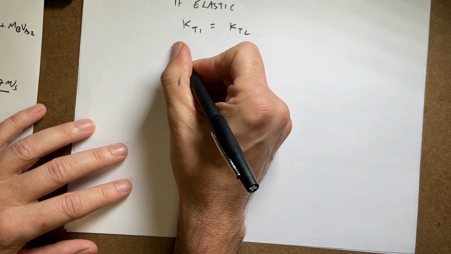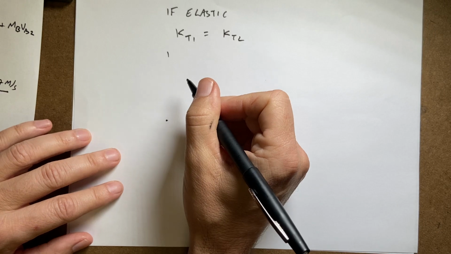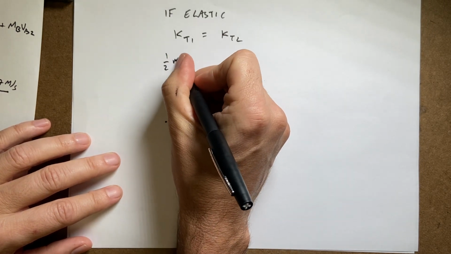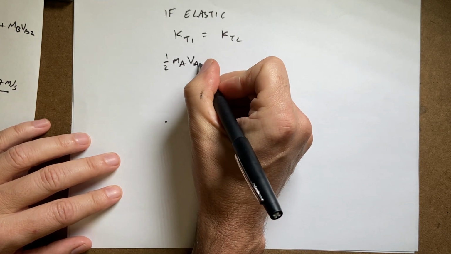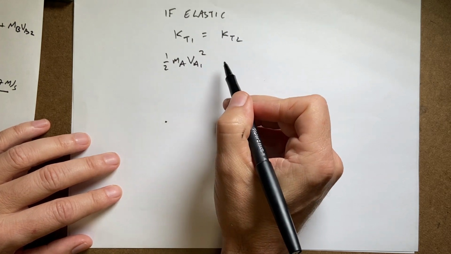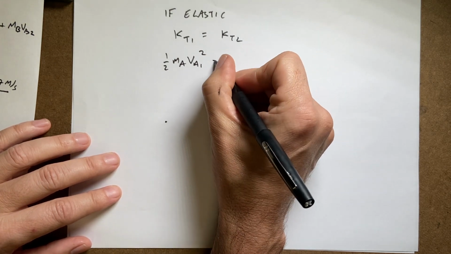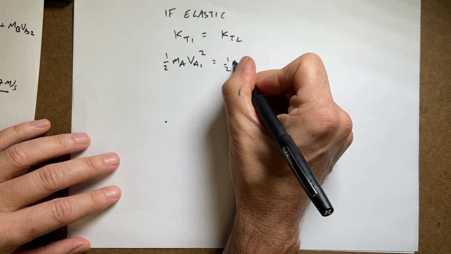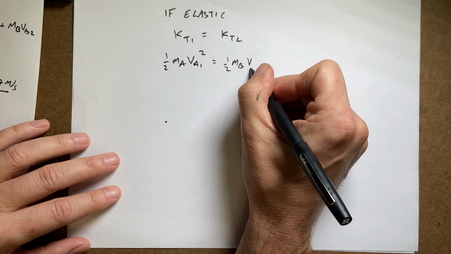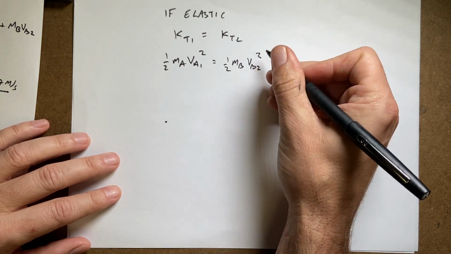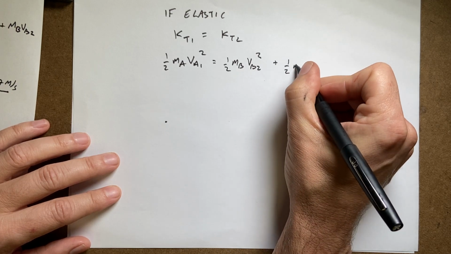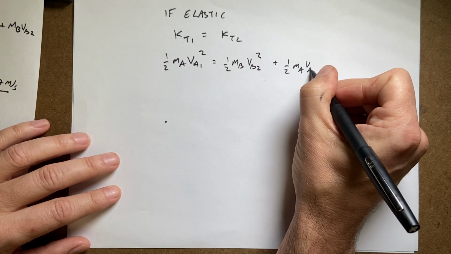This is going to be 1/2 MA VA1 squared plus, I'm not going to write out the second one because it's 0, equals 1/2 MB VB2 squared, plus 1/2 MA VA2 squared.